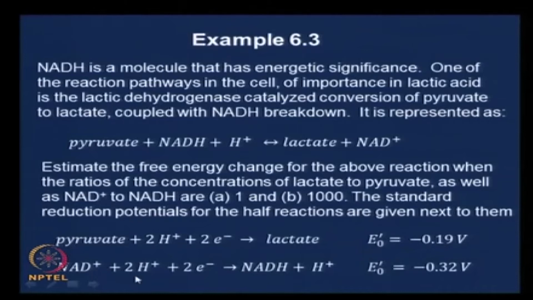And NAD plus plus 2H plus 2e minus giving you NADH plus H plus, here the standard reduction potential of this half reaction is minus 0.32 volts.